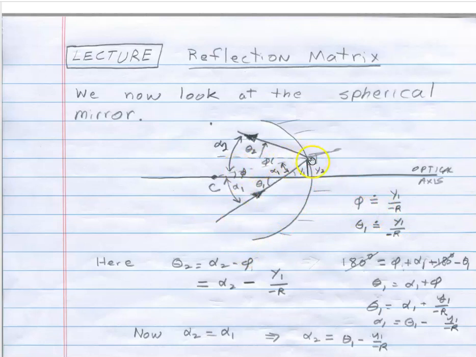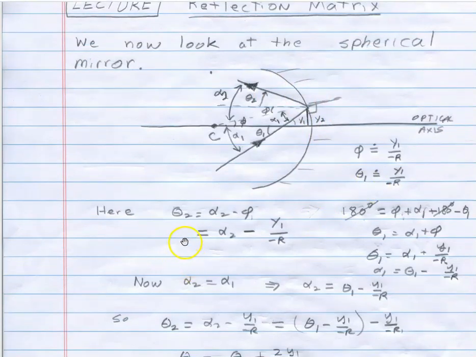And then likewise with it exiting over here, its height y2 is this ray, and it makes the angle theta 2 with respect to the optical axis. So we'll look at that and try to get a transformation between y1 theta 1 and y2 theta 2.